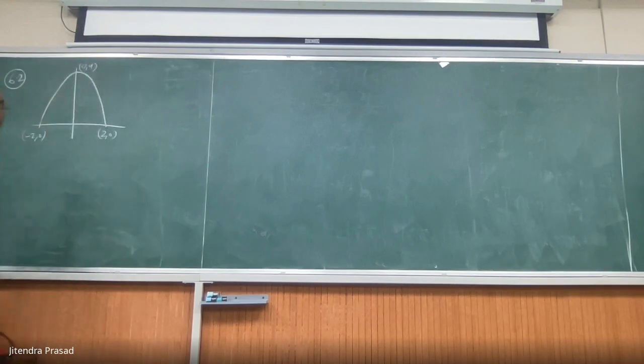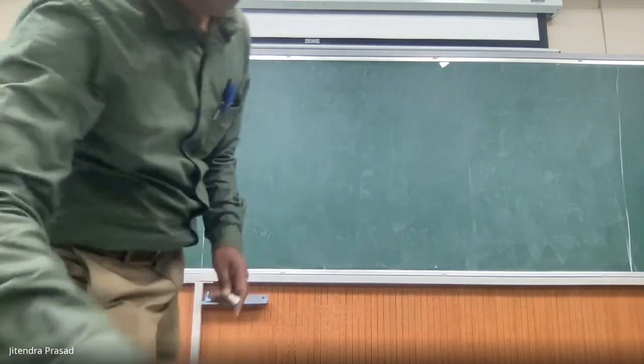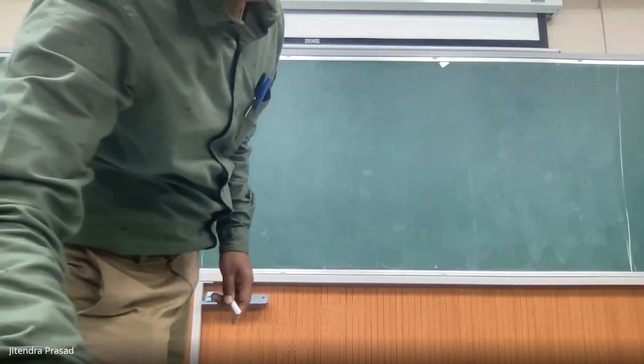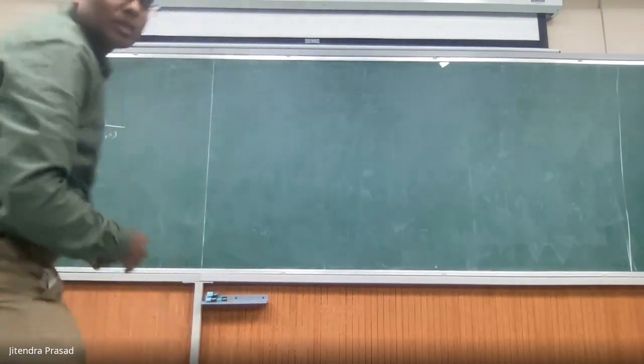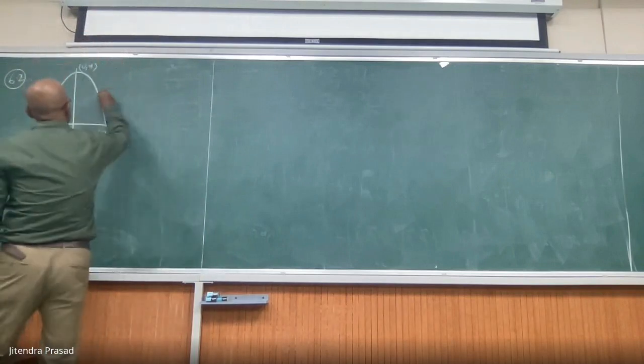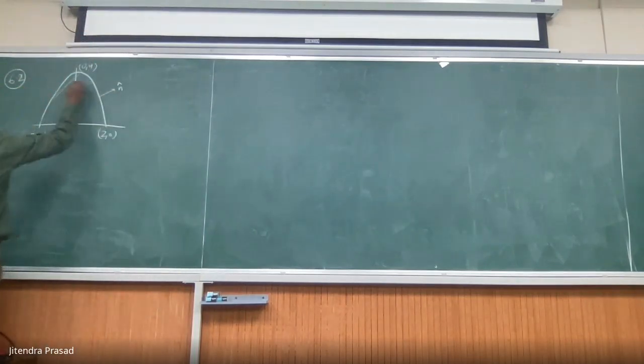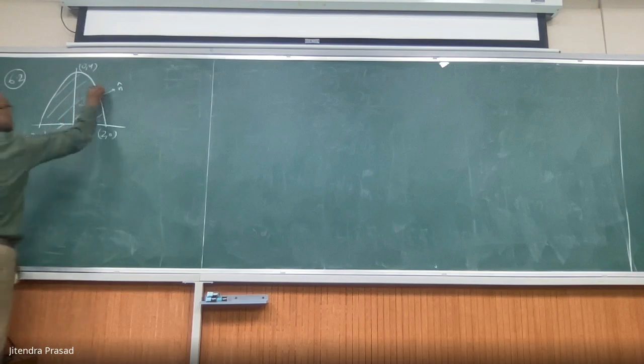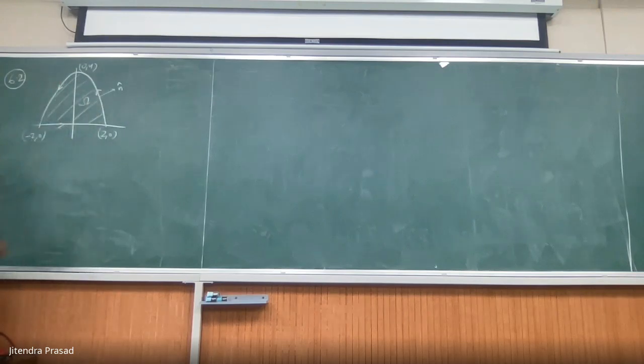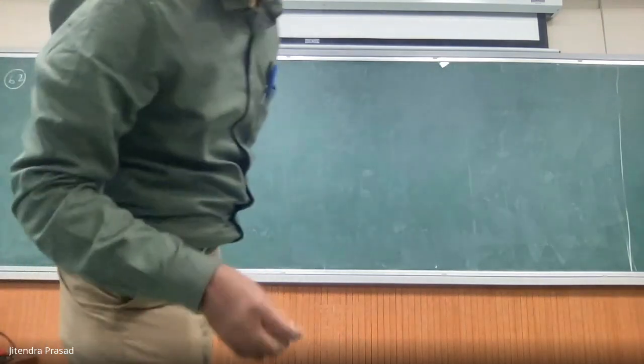These are the points, right? And this is n, which is given. This is the area, meaning that this is omega, and this is your gamma, right?